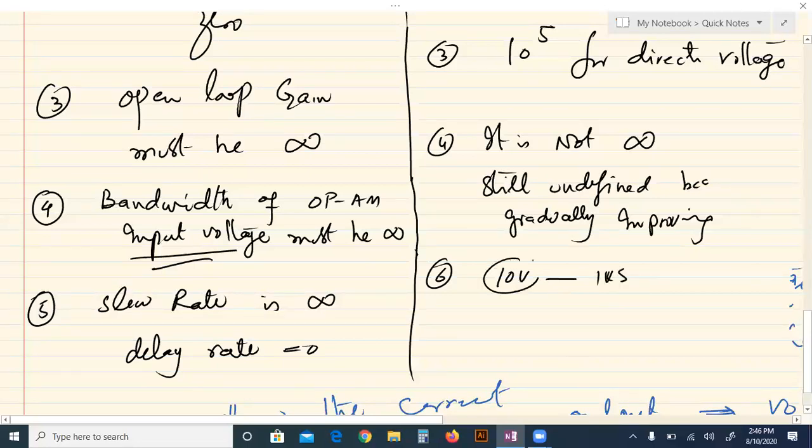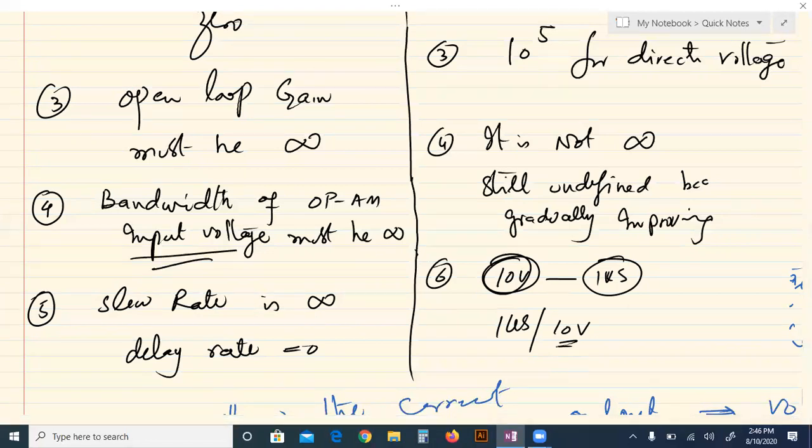Meaning if there is a 10 volt fluctuation, then 1 microsecond delay. If the voltage fluctuates by 10 up and down in magnitude, then it delays for 1 microsecond. So its slew rate is not infinity. So these are the 5 properties of the ideal operational amplifier, and its practical counterpart.